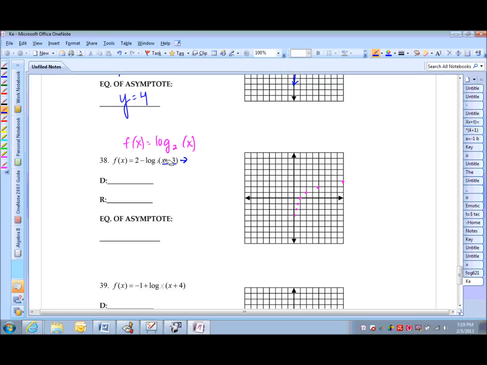And x minus 3 tells me I'm moving right 3. This negative out front tells me I'm reflecting over the x-axis. And this positive 2 means I'm moving up 2. So, we do that to each one of those points.